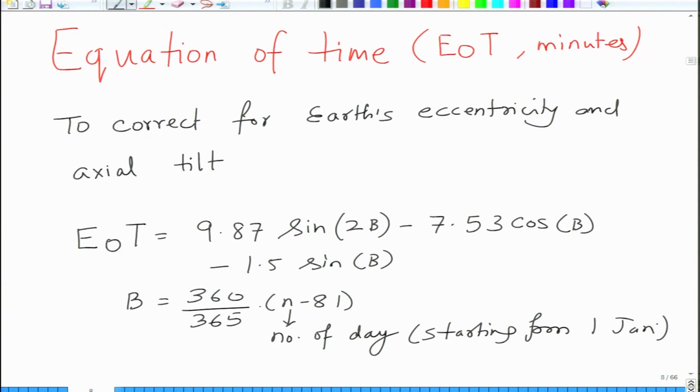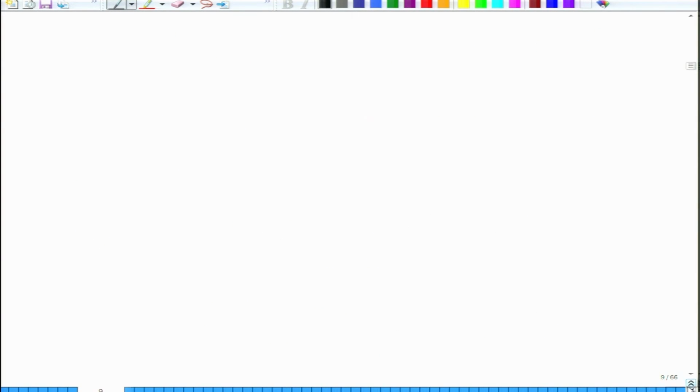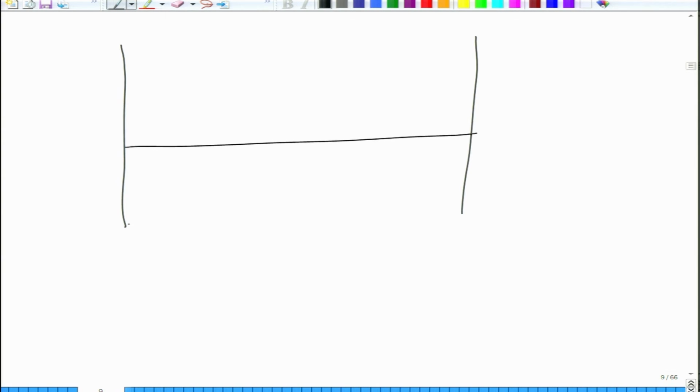So 1st Jan would mean n is equal to 1. So this shows a variation which you can plot, and I won't be able to plot it very accurately, but let's say you plot it as a function of n, and this is EOT in minutes, this is 0.